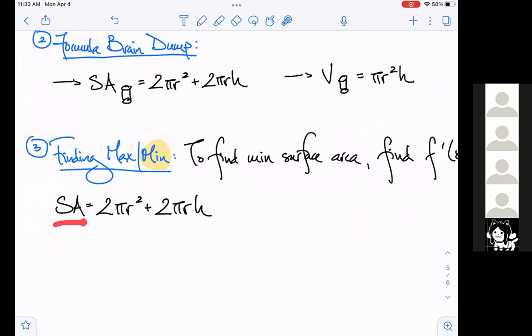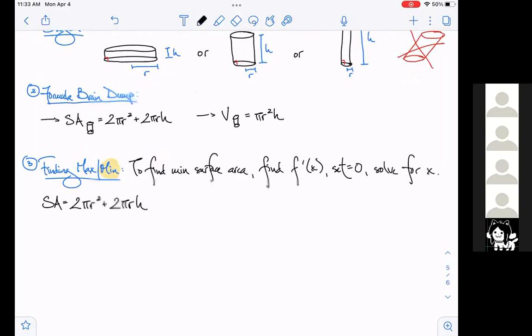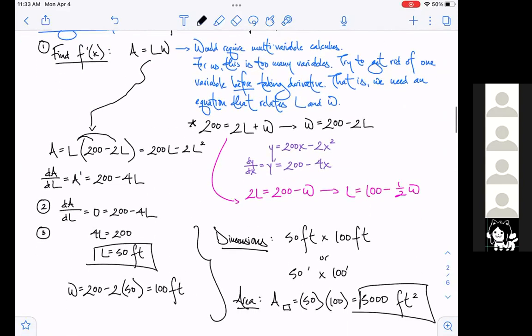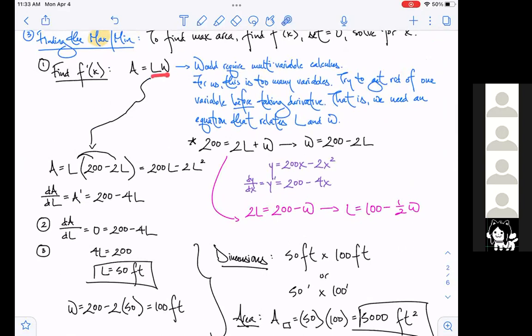I've got one variable on the left-hand side. This is kind of like my y. But on the other side, I have an r and an h. This is very similar to the previous problem where we had length and width, and this was too many letters for us.